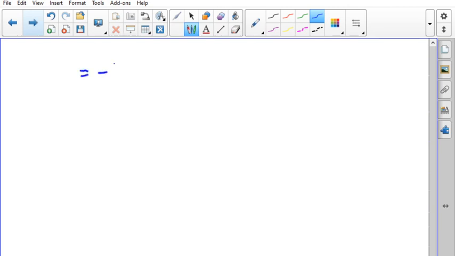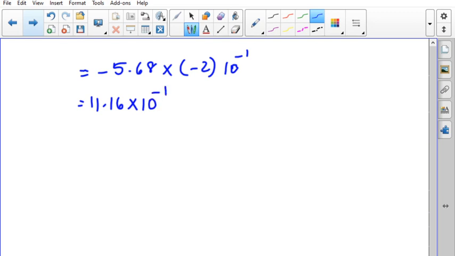So I will get minus 5.68 into minus 2 into 10 power minus 1, which is equal to 11.16 into 10 power minus 1, or 1.116 joule, or we can simplify it as 1.12 joule.